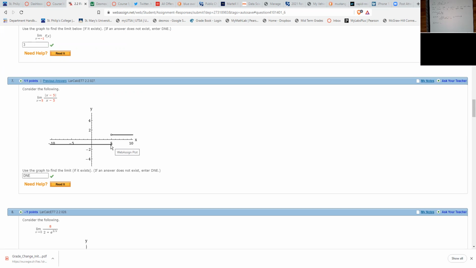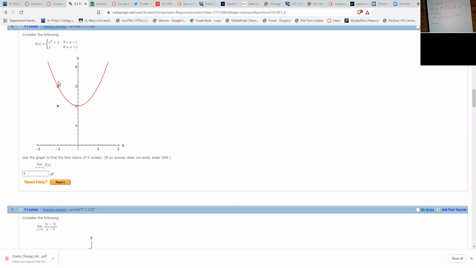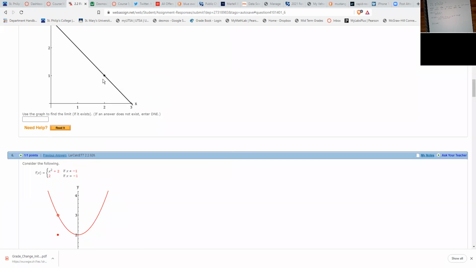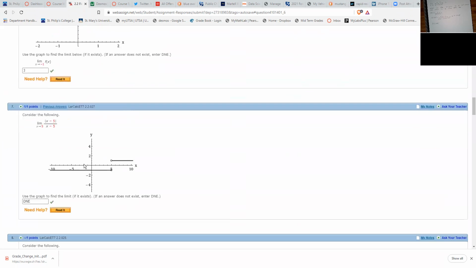Even if one of them was filled, it wouldn't be. The limit would not exist, because they're just not connecting completely. If the dots were connected like this, then you can see for sure there is a limit. But these are literally going to two different places, so no.